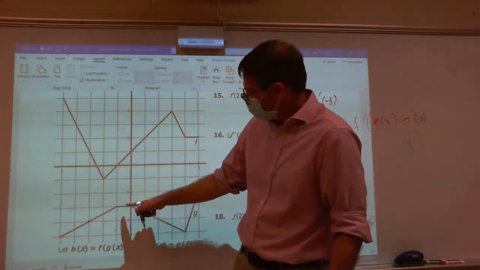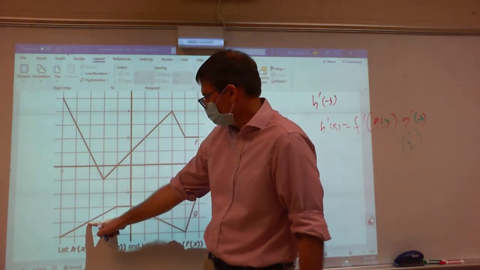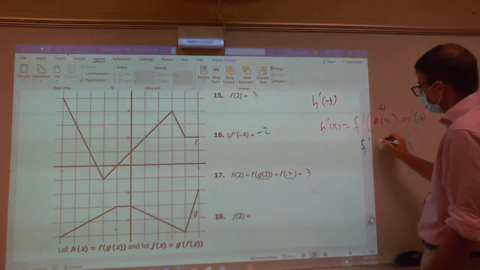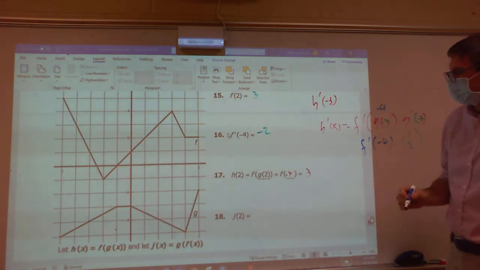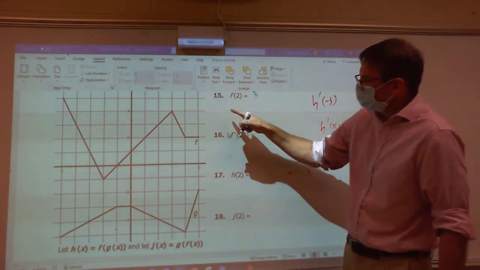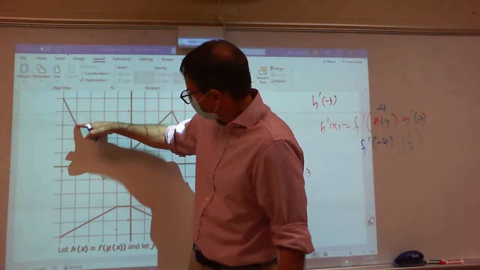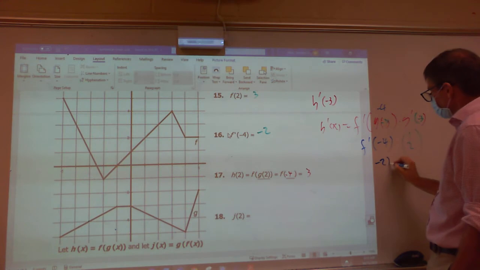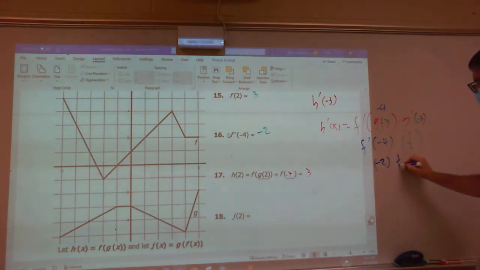So g of negative 3 is negative 4. So now I need to compute f prime of negative 4. And what's f prime of negative 4? That's here. So f prime of negative 4 is negative 2. So I get negative 2 times 1/2, and that's going to give me a negative 1.